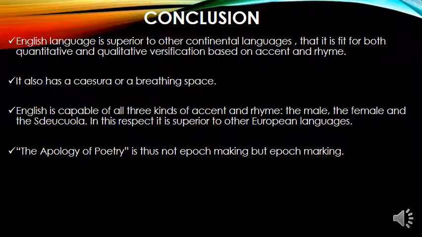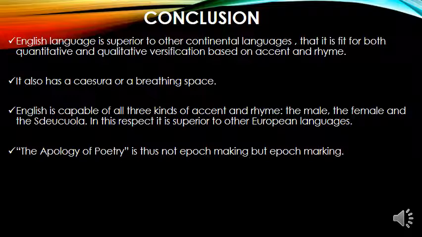At the end of the entire essay, he summarizes all the arguments again, and he concludes with these four points. He thus says that the English language is very superior to all the other continental languages. This is his perspective, that it is fit for both quantitative and qualitative versification based on accent and rhyme. So he says that the English language is the best language wherein you can put in qualitative versification.